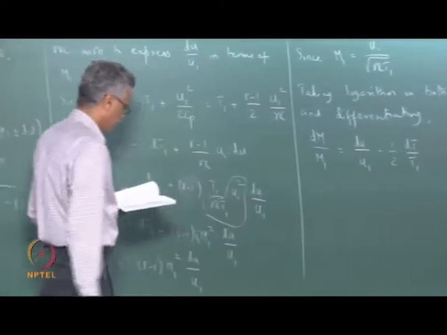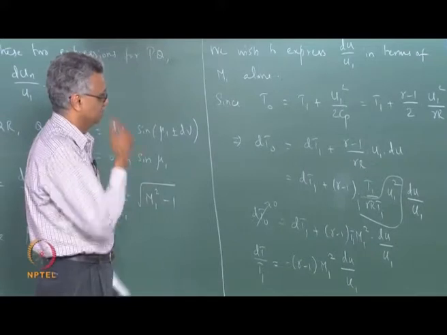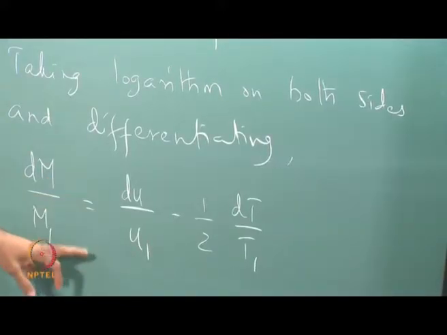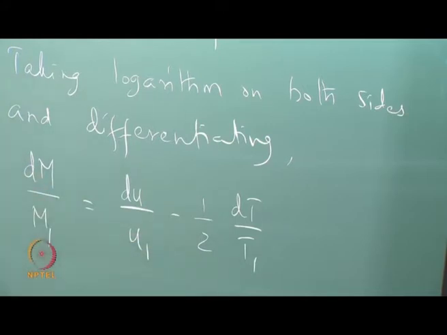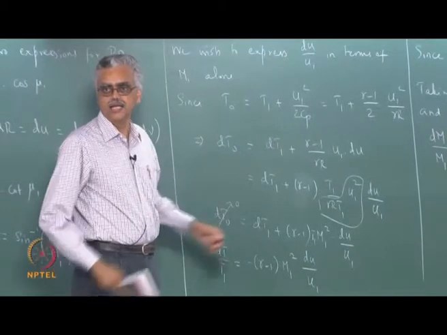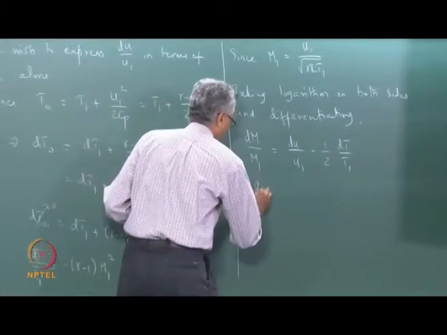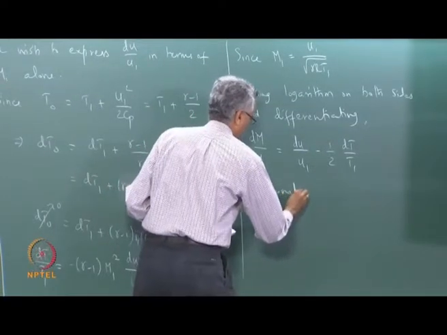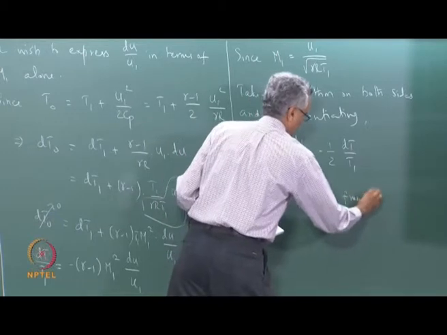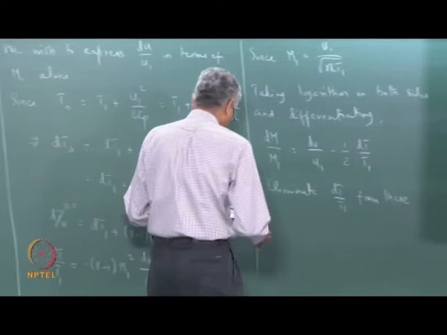This is very easy to show, it is not a problem. So now I have two relationships, one relating du over u and dT over T to dM over M, and another one also like this. So I can eliminate dT over T from this and I have the relationship that I am looking for. So eliminate dT over T, to get, I can finally write the following.